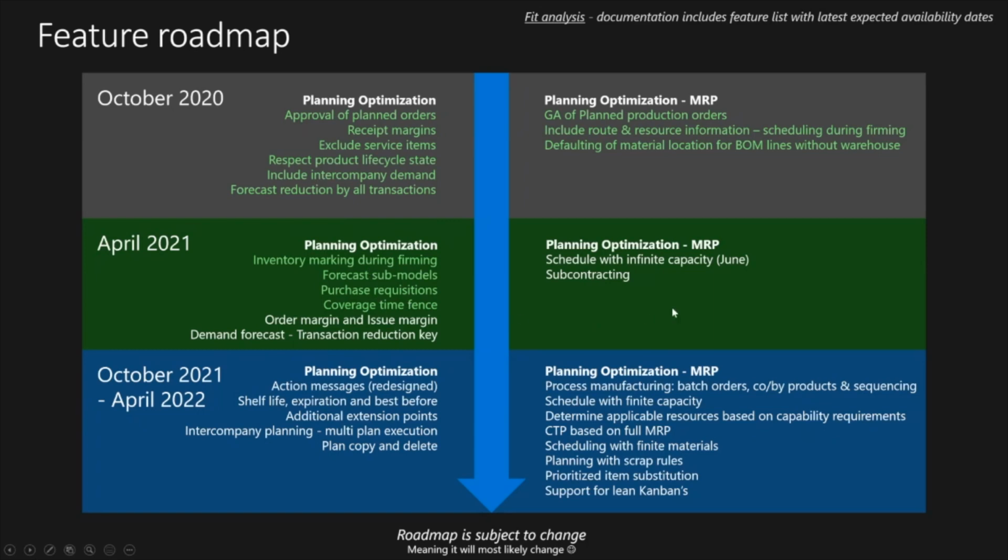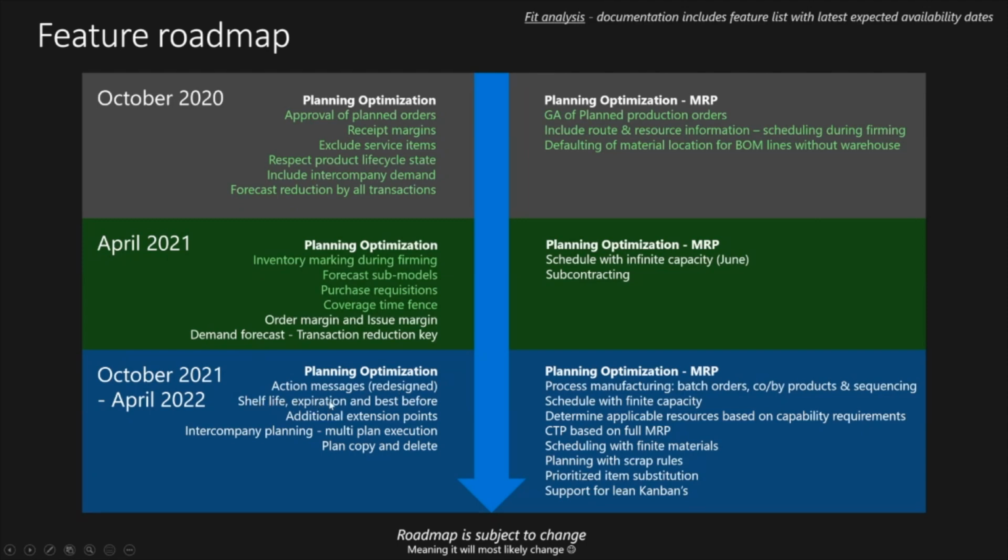If we look beyond that, another thing that we have very high on the list is process manufacturing: batch orders, co-products, byproducts, sequencing, and so on. Support for this, so you can use formulas and so on. Also actions, which is something we're trying to see if we can squeeze in even earlier. But right now we have it in the box down here. It will probably be redesigned to some degree to make it more flexible compared to what we have today and more user-friendly.